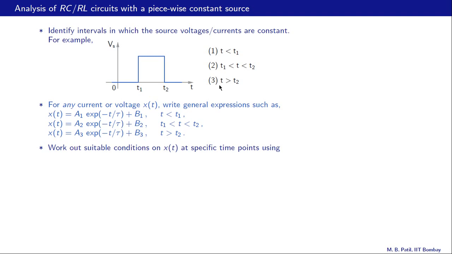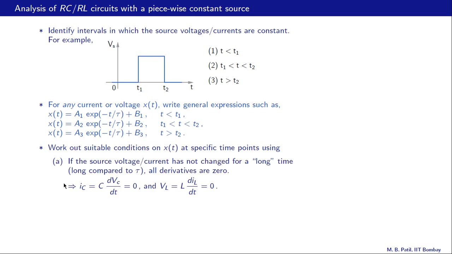In order to find these conditions, we can use the following considerations. A, if the source voltage or current has not changed for a long time, long compared to the circuit time constant tau, then we know that all derivatives must be 0, because all voltages and currents must have become constant. The circuit must be in a steady state.